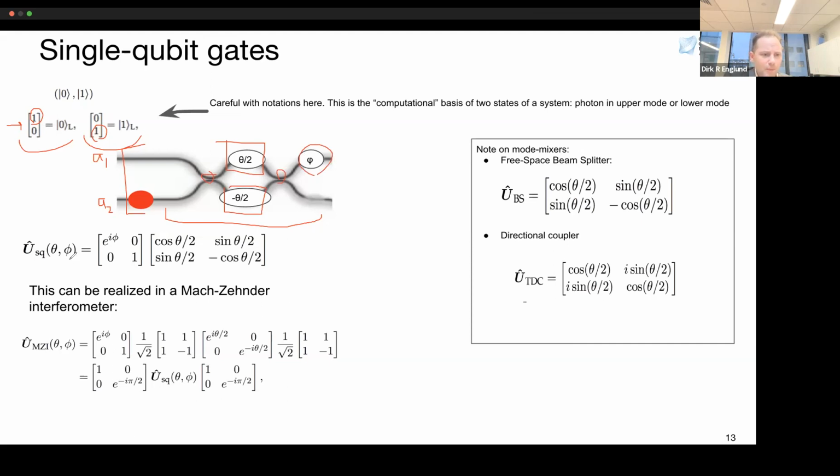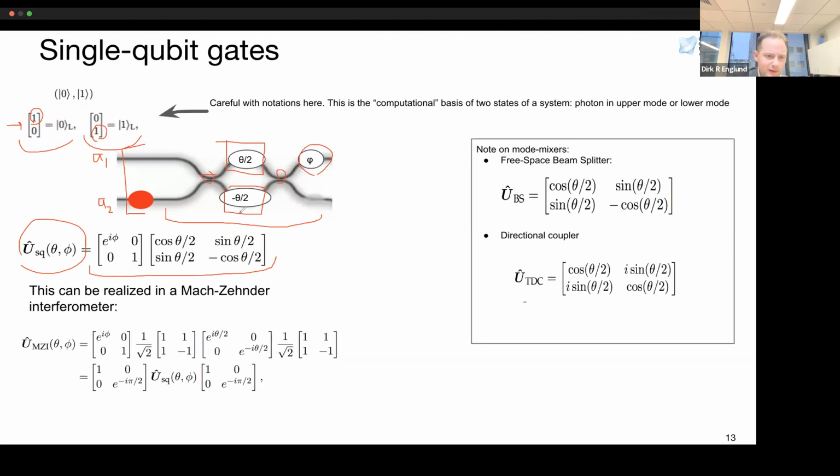So if we wanted, for example, to realize this transformation, we want to apply this particular gate here. Now we can realize this gate using a Mach-Zehnder interferometer. Why?